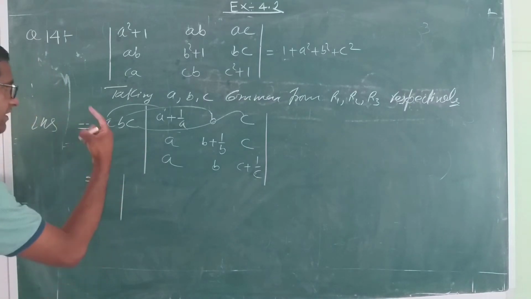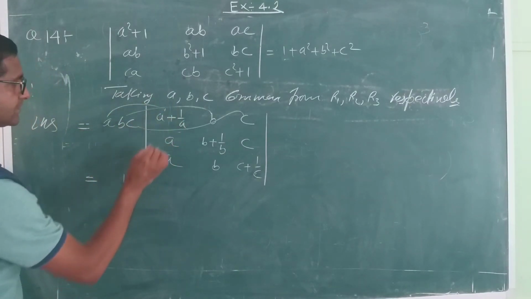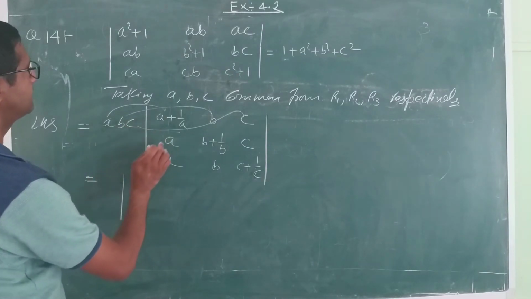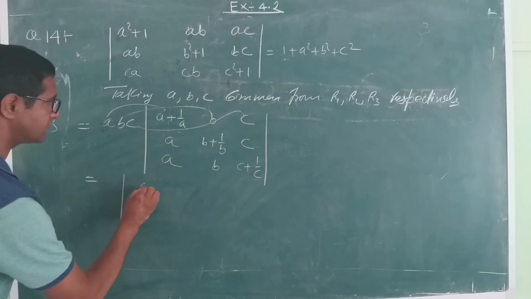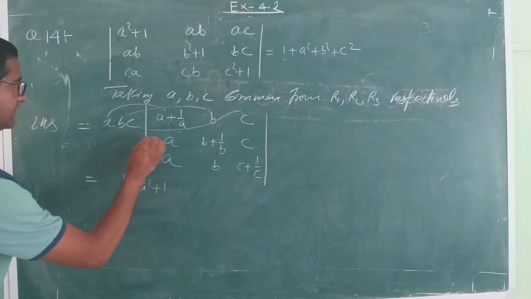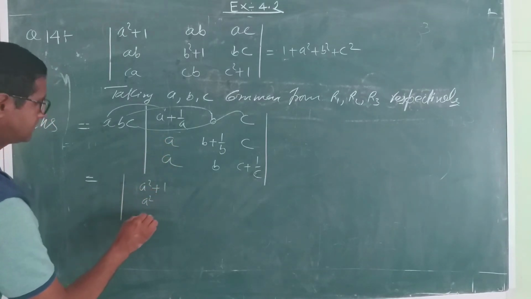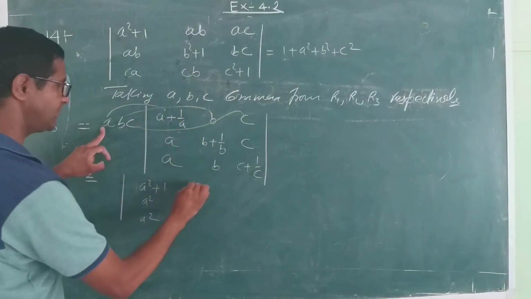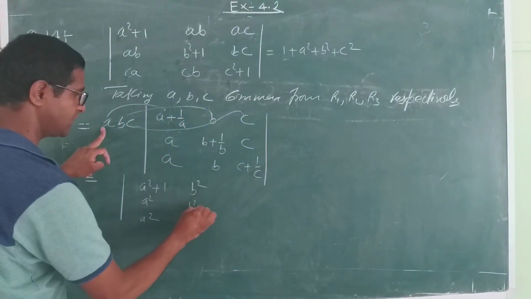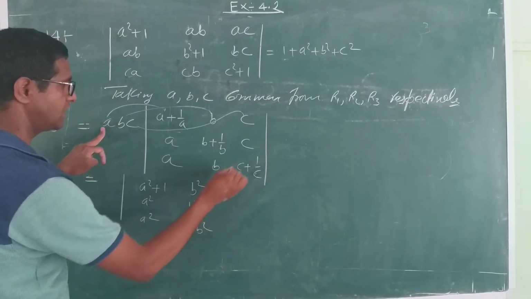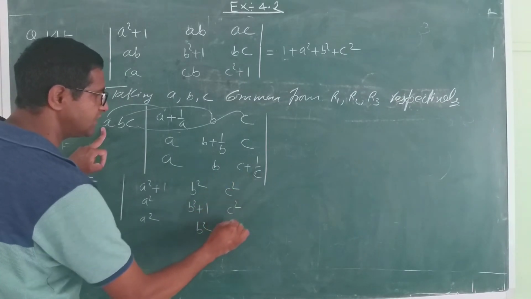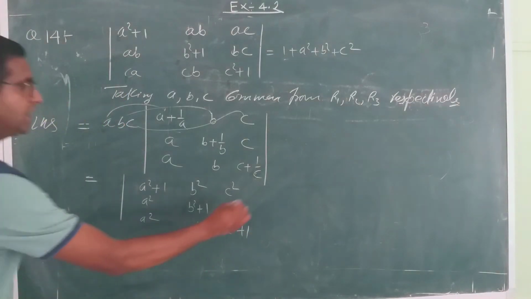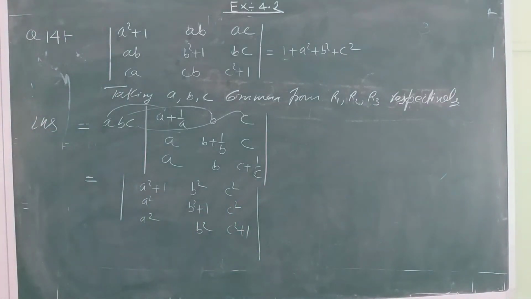So after multiplying by A, B, C, you will get A square plus 1, A square, A square. The second column will be B square plus 1, B square. The third column will be C square plus 1.